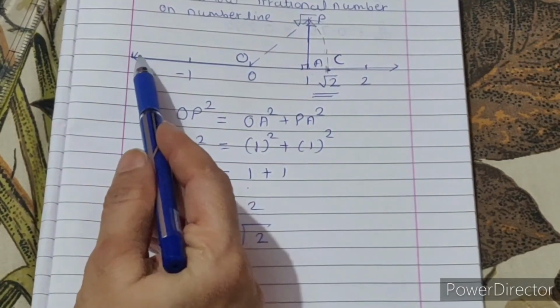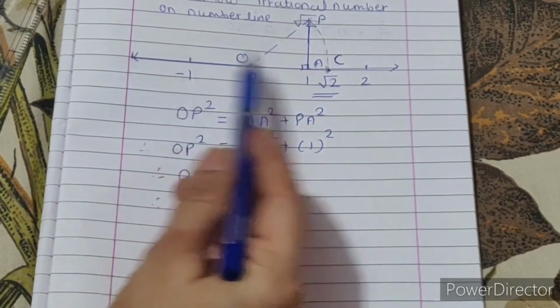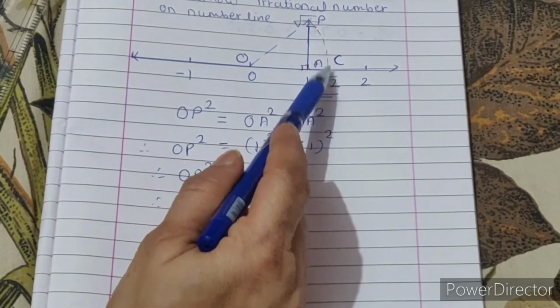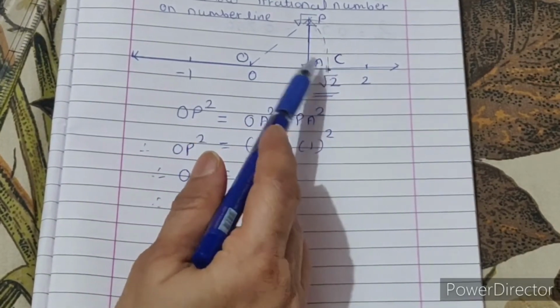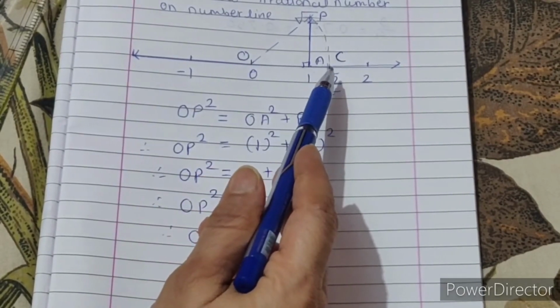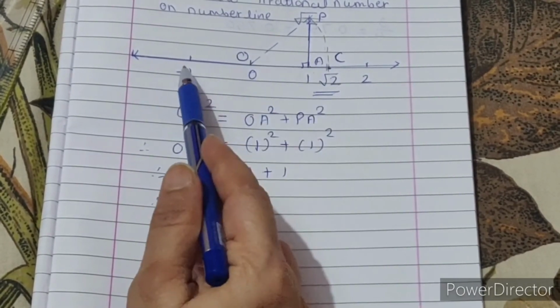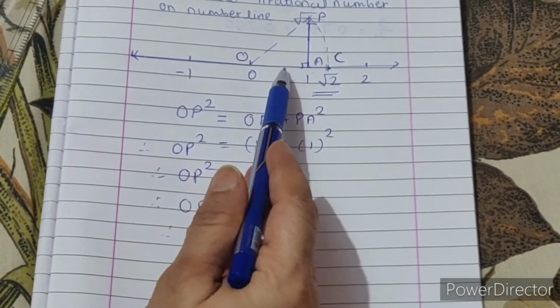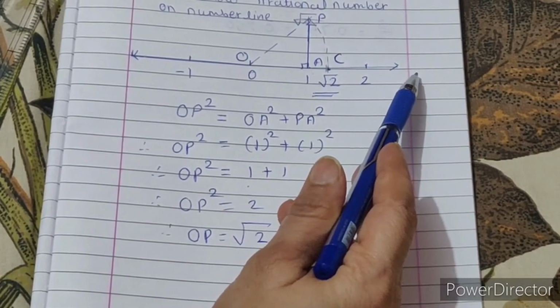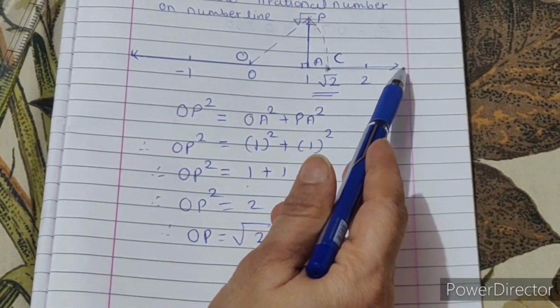So we have studied how to show rational numbers on the number line as well as irrational numbers. Now keep in mind that next year you will also study that all numbers which can be represented on the number line are called real numbers.